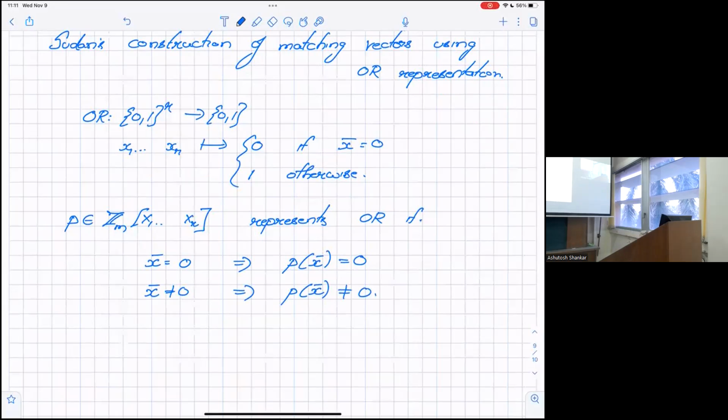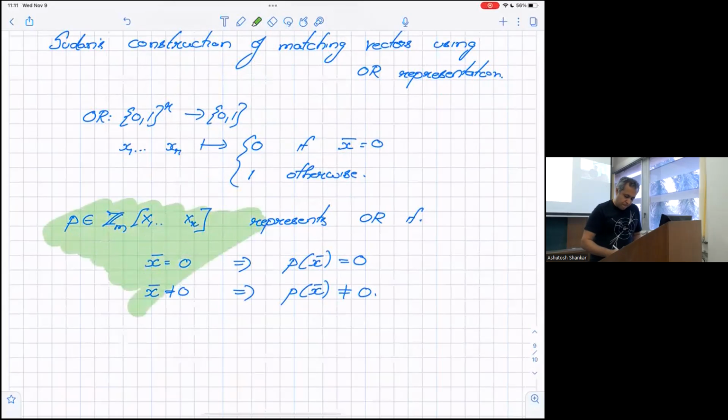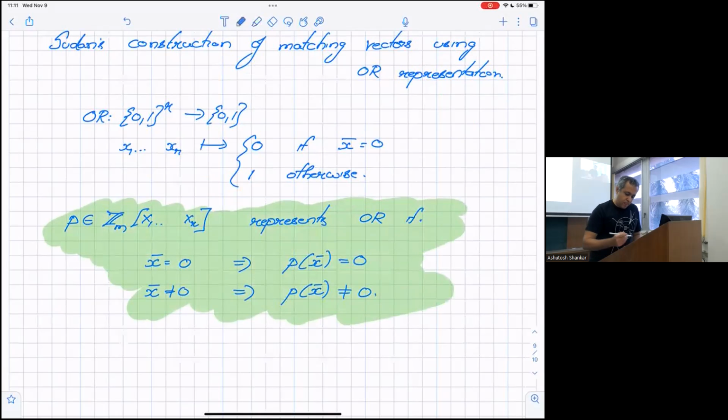I don't care what value it takes, any element in the ring. So this is what we mean by OR representation.